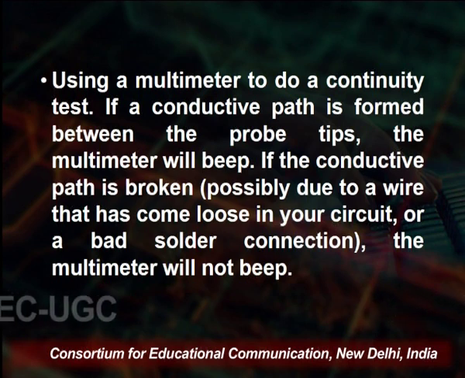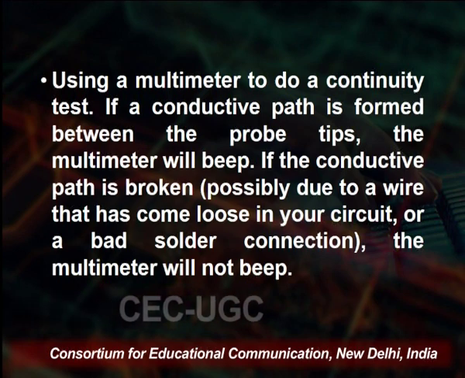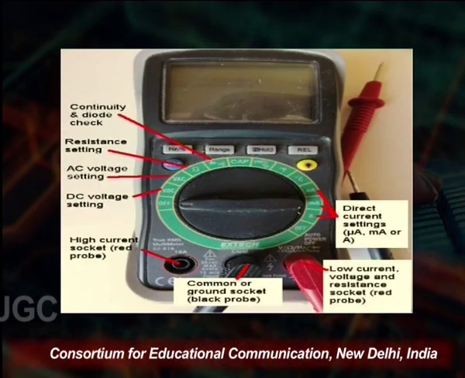So this is how the knob has been set to the symbol for continuity, and the red probe is plugged into the voltage-ohm port, which is not always labeled with the continuity symbol. You can see on the screen there is another type of multimeter which can measure various parameters. DC voltage setting here. There are various settings used to measure current.